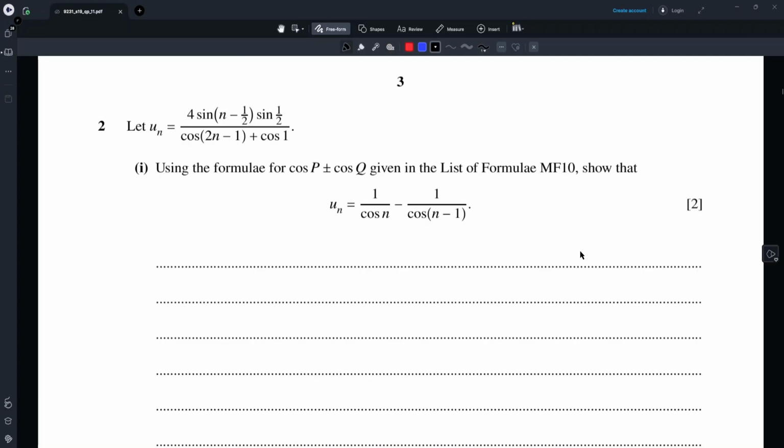Now I'm going to write down the formula. It's just the fact of making use of this formula actually.